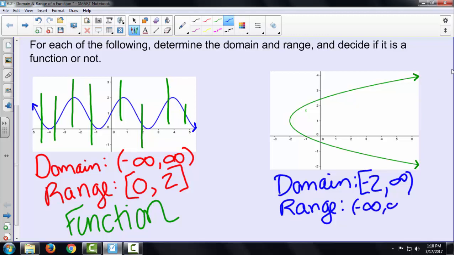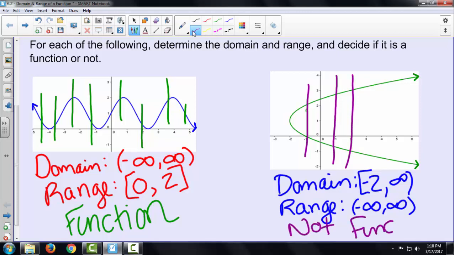So you have -infinity to infinity. Now let's check if it's a function. Notice we can draw multiple vertical lines that hit the graph in more than one spot, so it's not a function. And that's due to the vertical line test.